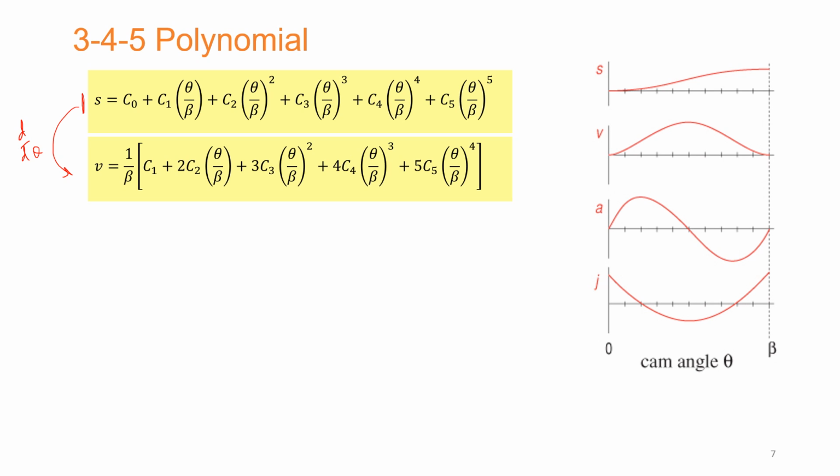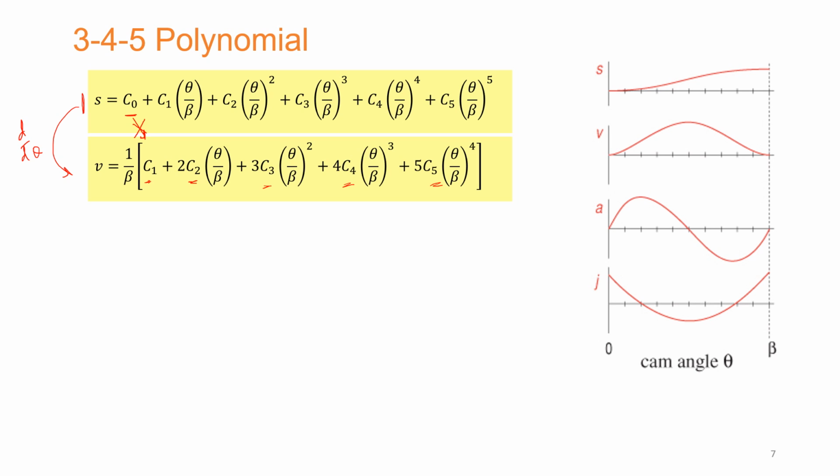Since C0 is not dependent on theta, this is going to be taken away in this expression, so there is no C0 term appearing in the velocity expression. Obviously, C1 is going to have an influence coming in from the theta, so when you take the derivative, this is going to be appearing right over here. Then corresponding to the powers of the thetas, you are going to have C2, C3, C4, and C5 terms appearing in the velocity expression.